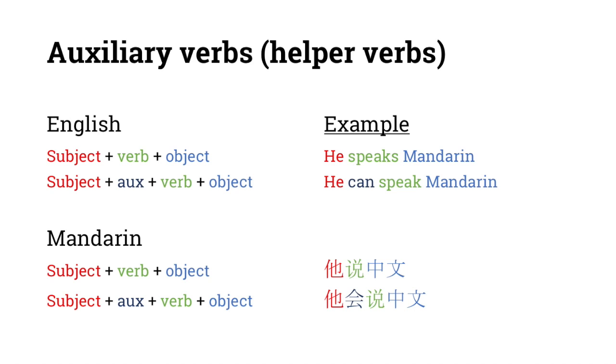The can helps the verb speak, which is the main verb. In Mandarin, this works in exactly the same way. He speaks Mandarin. 他说中文. He can speak Mandarin. 他会说中文. Same order with a helper verb before the main verb. So still no difference if you add a helper verb.